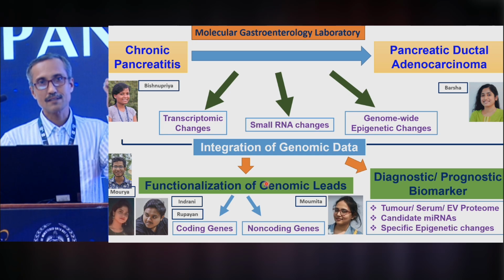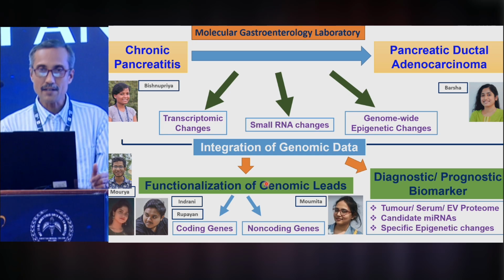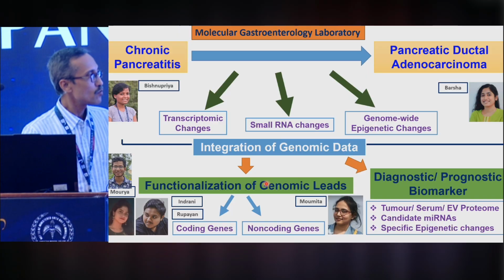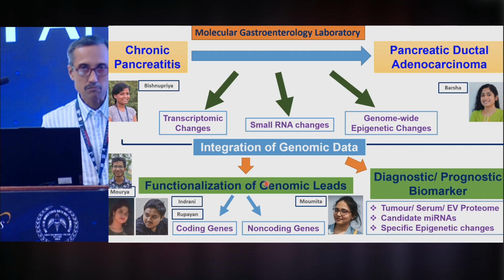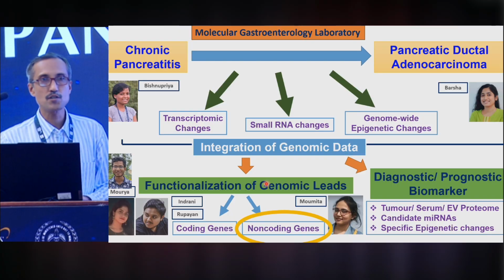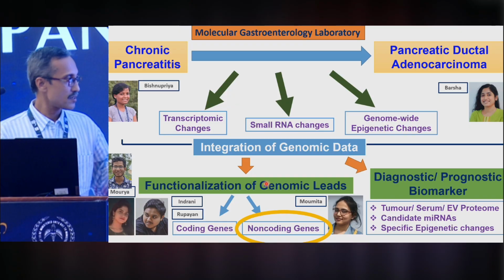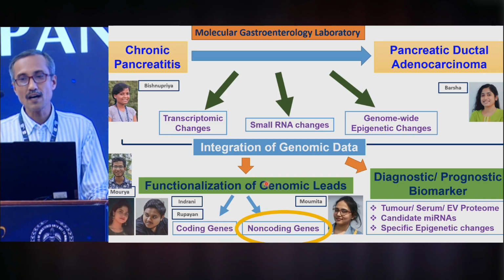So we like to focus on moving from association or correlation to causation. And definitely one arm of my lab works on whether those leads could be of use as diagnostic biomarkers. The story I'll share with you today is a recently developed story on non-coding RNAs.